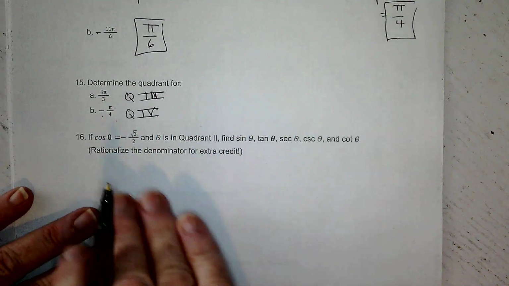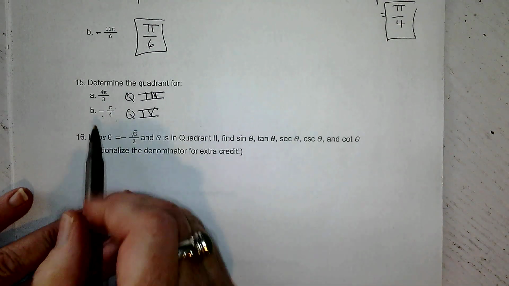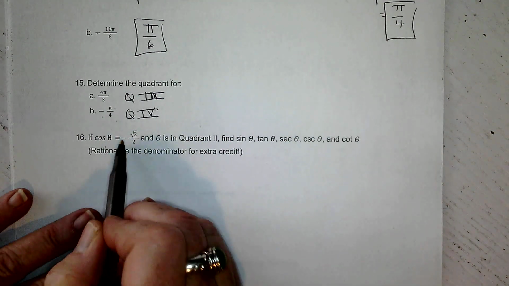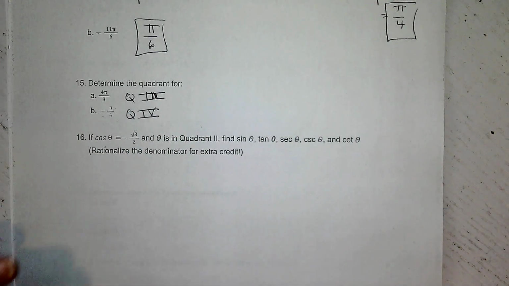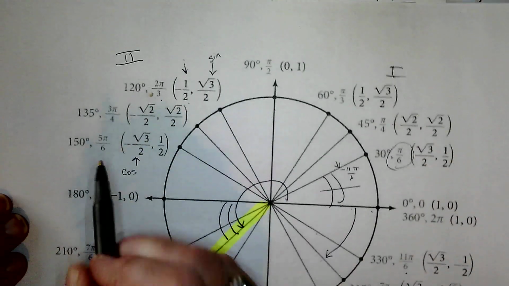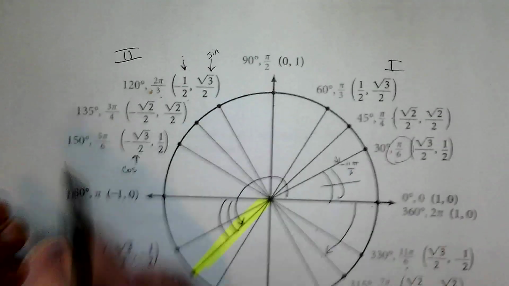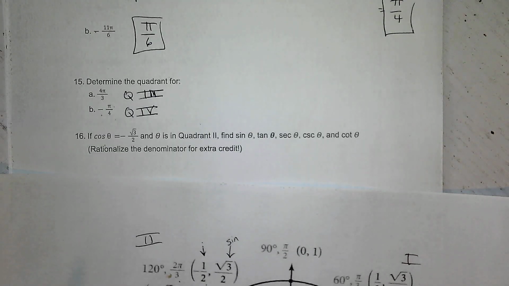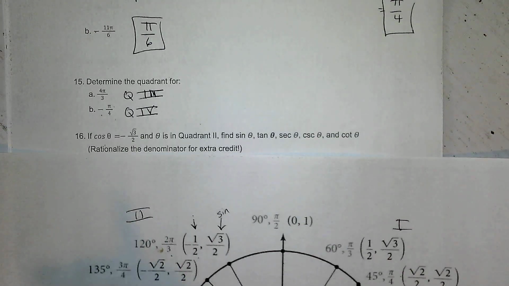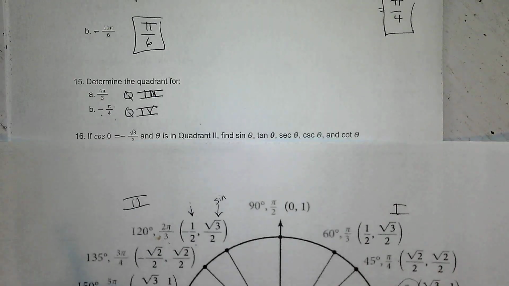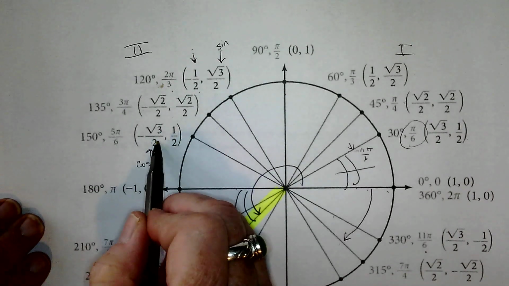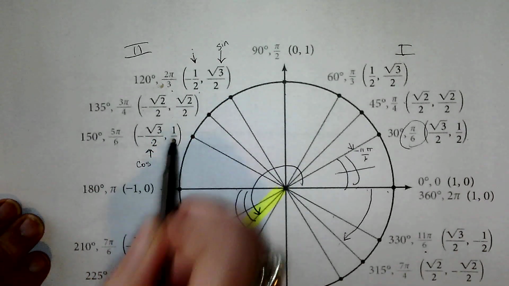Okay, so if we know that the cosine of angle is negative square root of 3 over 2, first of all, let me show you something. If you know that, that means that your angle is 150 degrees, right? Or you could use radians if you want, but I don't think you're going to want to do that. So we know that if this is our cosine, this is our sine.